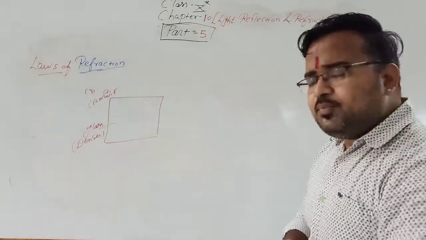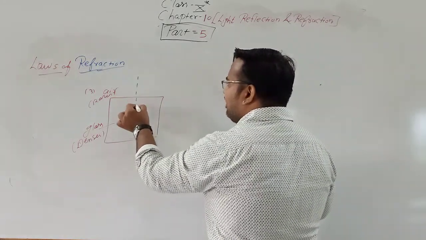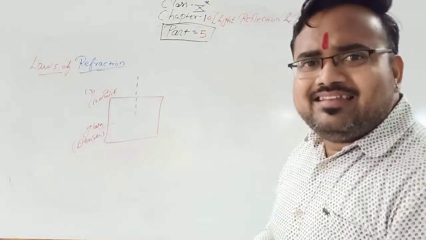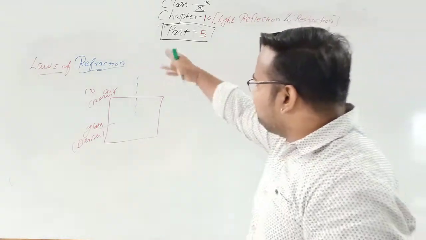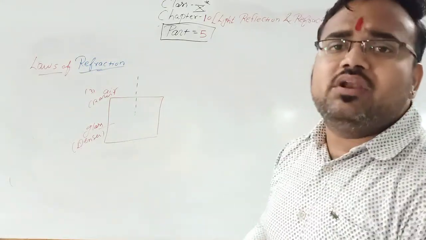Clear? Now, suppose this is a normal to the glass slab. The third law says that if the incident ray travels along the normal, then there is no refraction.